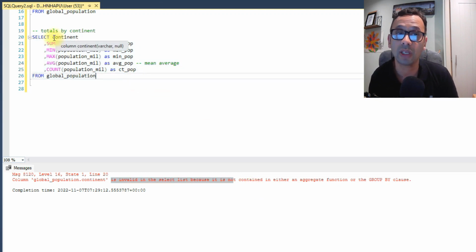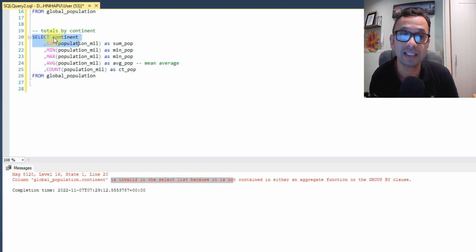So there's a rule, okay? Every field listed in this select list has to be either an aggregate function, which is these, sum, min, max, average or count, or in the group by clause. So what we're doing here is we are grouping by continent. So we need to tell it that.